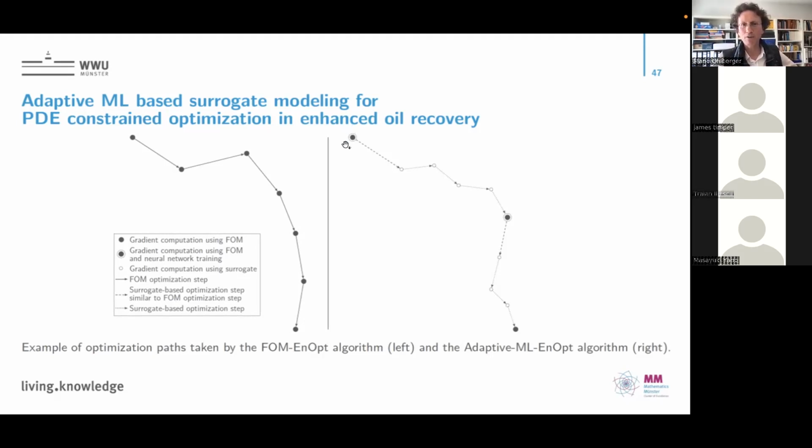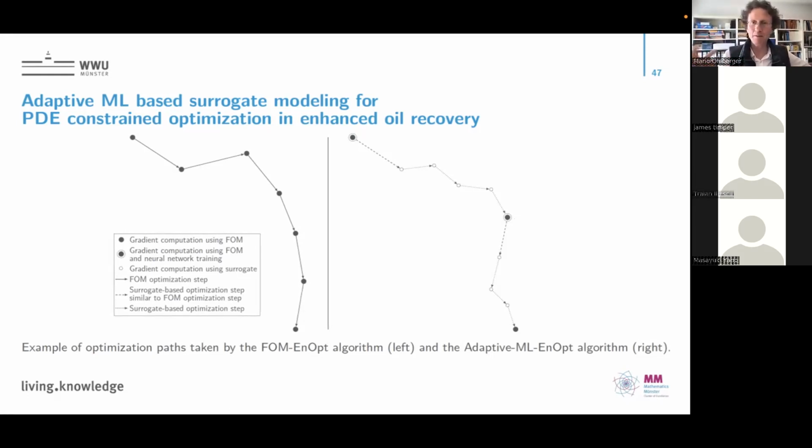And now we have a surrogate at hand, and we use this surrogate in an inner loop of the optimization solver to come to some other point where this local surrogate model already is in its optimum, but it's not accurate. At that point, we again go back to the full order model and check for the gradient of the full order model.